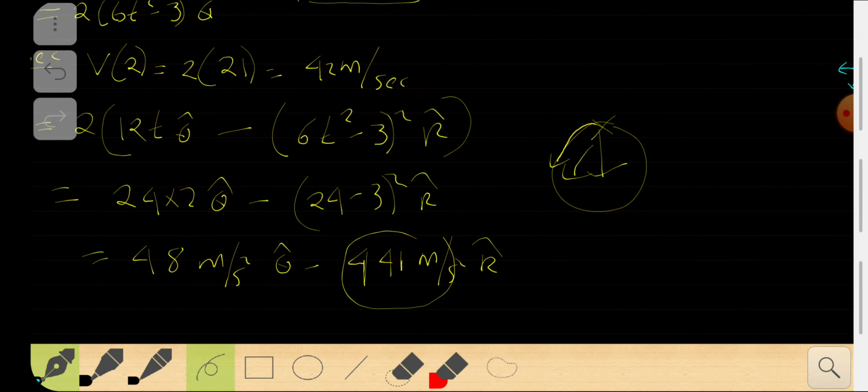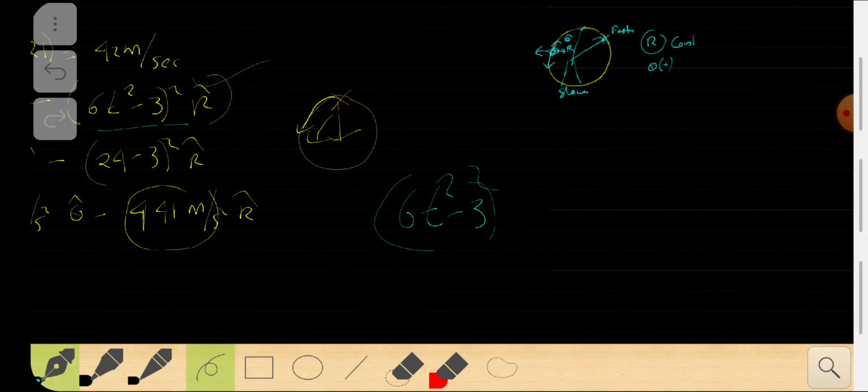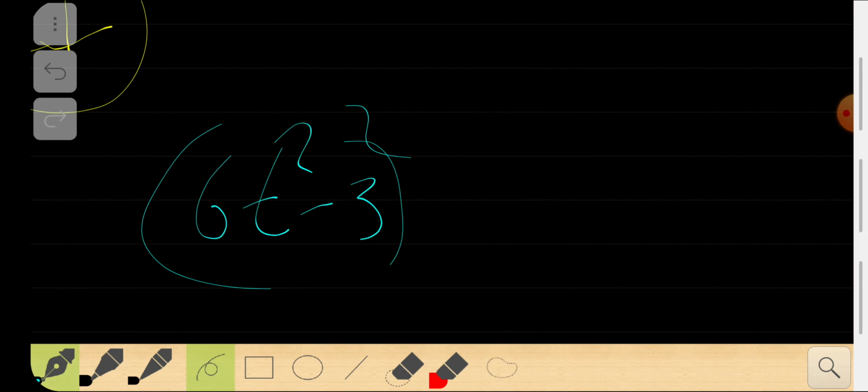The acceleration in the radial direction was 6t minus (6t square minus 3) the whole square, that was the radial acceleration. So radial acceleration is equal to 0.